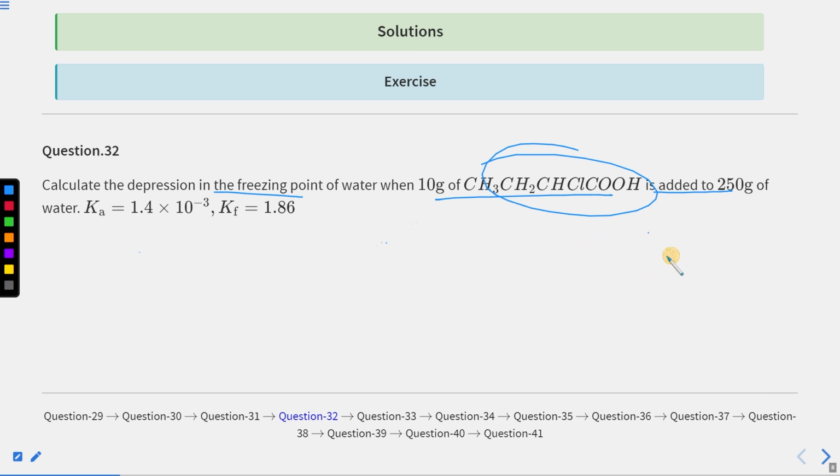After that, once we get this, what we can do is calculate that 10 gram of this is added.